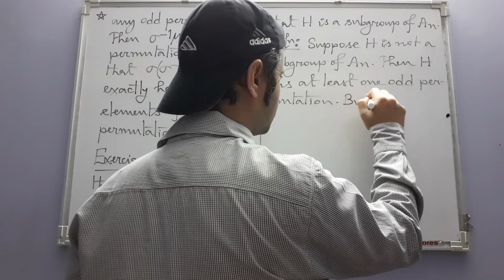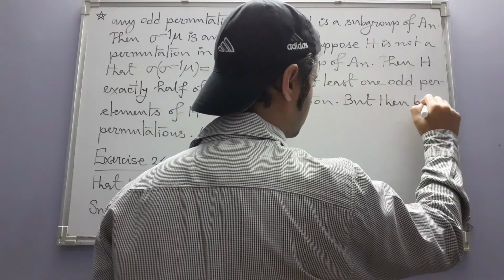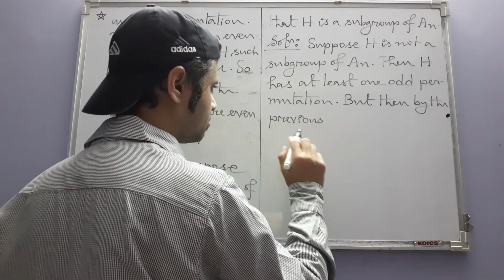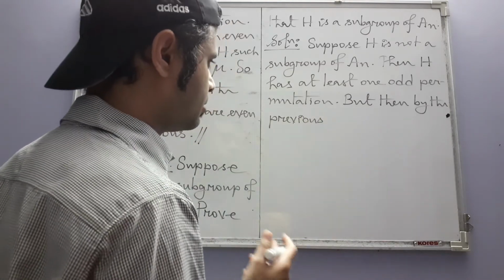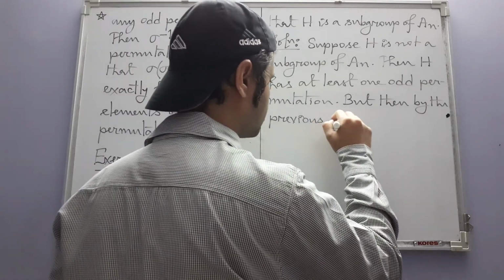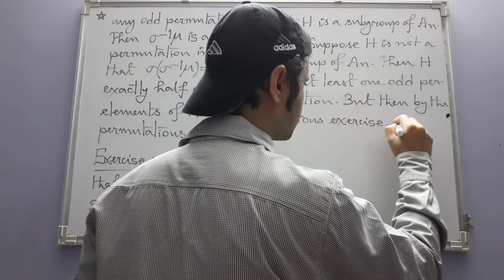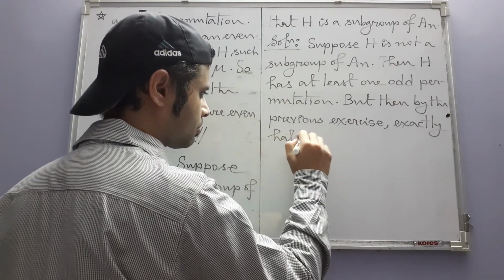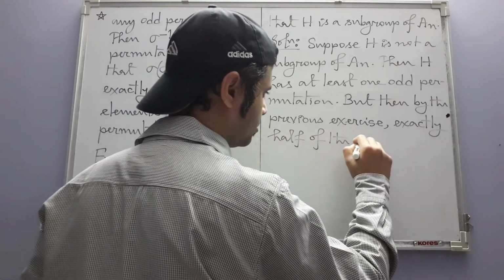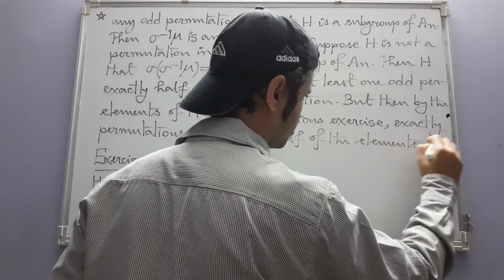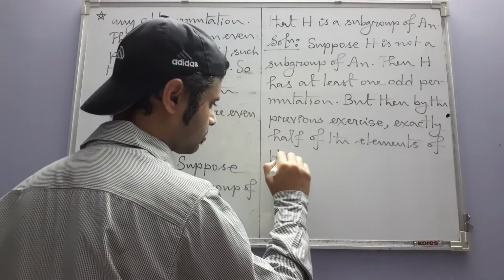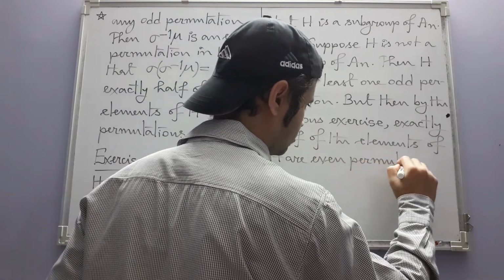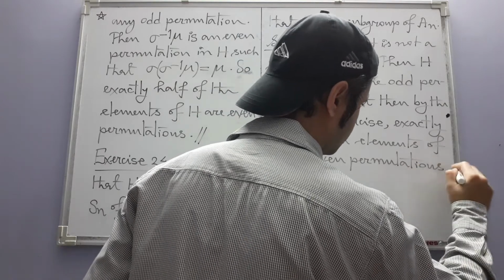But then by the previous exercise, or if you want to write more elaborately, by the result in the previous exercise, exactly half of the elements of H are even permutations.